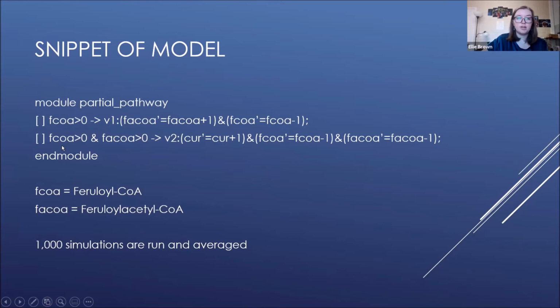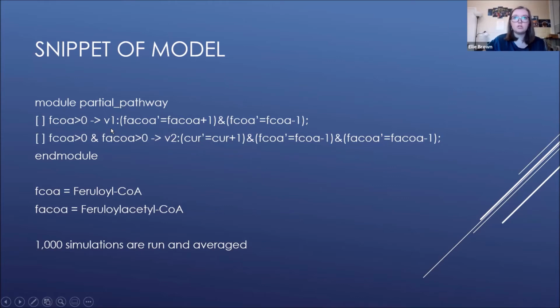Same thing for this, if there is ferulyl-CoA and ferulyl-acetyl-CoA, this could happen. This V1 and V2 are the rates of the reaction. They're usually in equation form in the actual model, but we've kept them out just for space here. So this would be the Hill equation, and this would be the Michaelis-Menten equation.